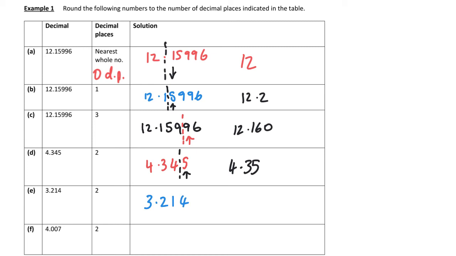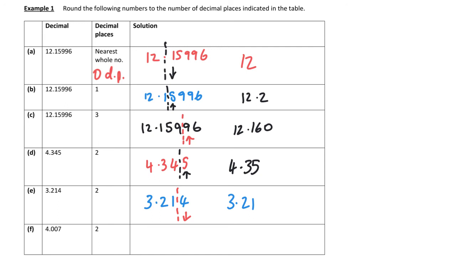We're looking at 2 decimal places, so we're going to draw our dashed line after the 1, which was our second decimal place. 1's the changer, 4's the decider. The decider is less than 5, which means we're going to round down, and the changer this time isn't going to change. So we're going to have 3.21. We've got 2 decimal places in our answer, and 3.21 is pretty much spot on to 3.214.